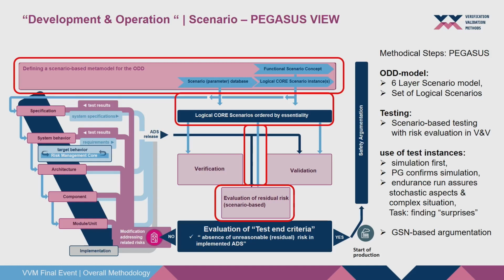The simulation should be supported by proving ground tests, and the idea of the field operational tests or the validation phase was to find surprises and to integrate the stochastical aspects of testing.